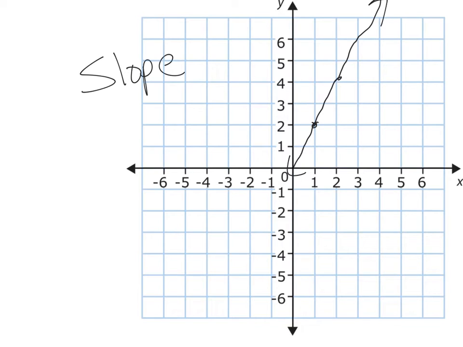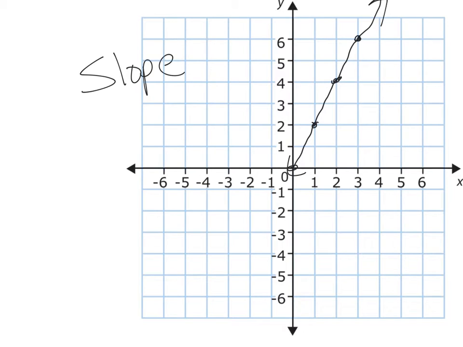There's a point, there's a point, there's a point, 0, 0 is a point. So when we're talking about slope, we're talking about the angle of this line. How much is this line sloped? If you think about a hill, you talk about the slope of a hill or the slope of a roof. You're talking about how steep is that line.